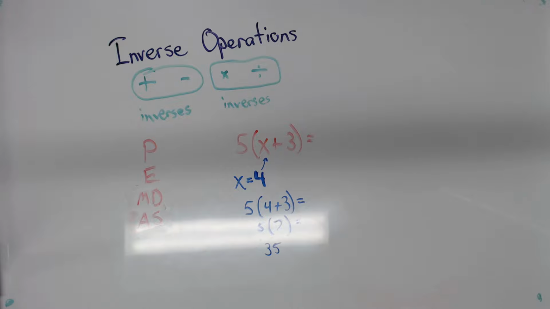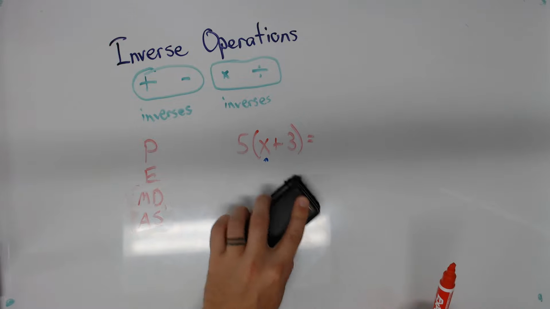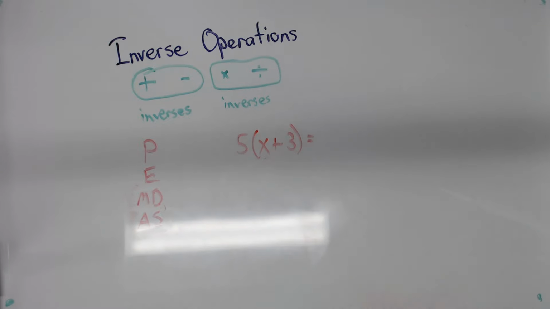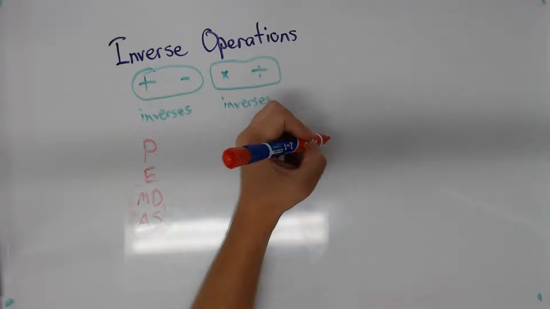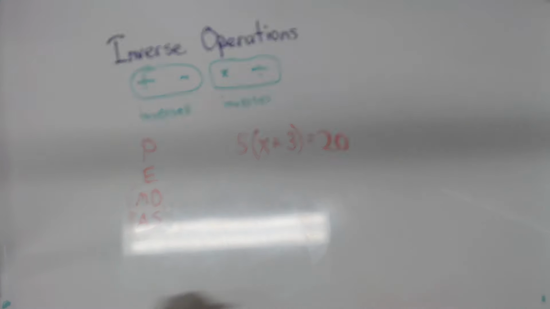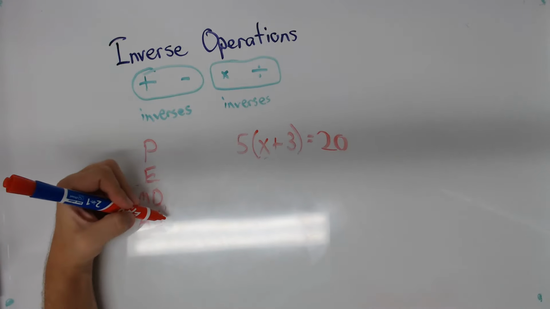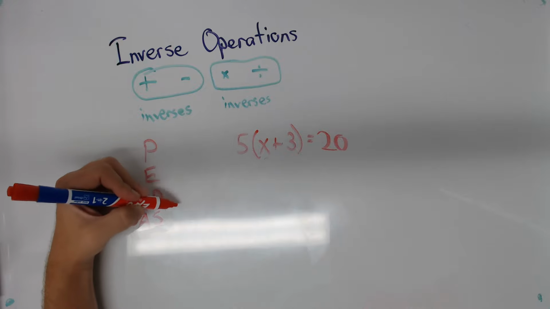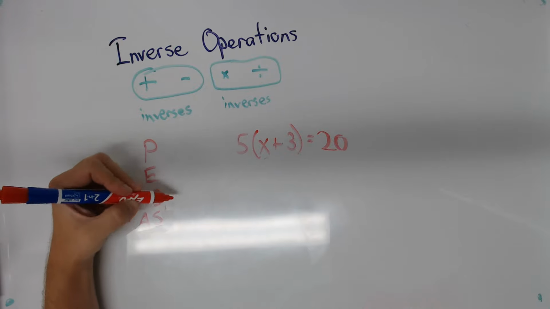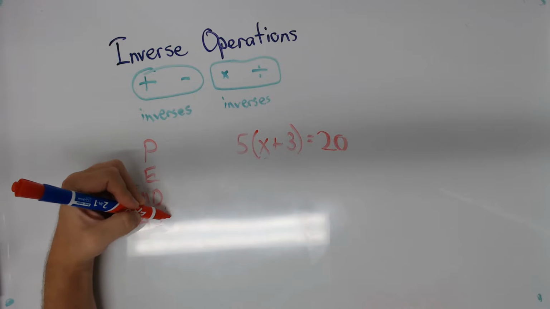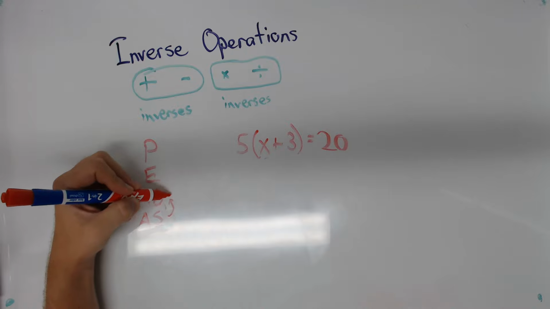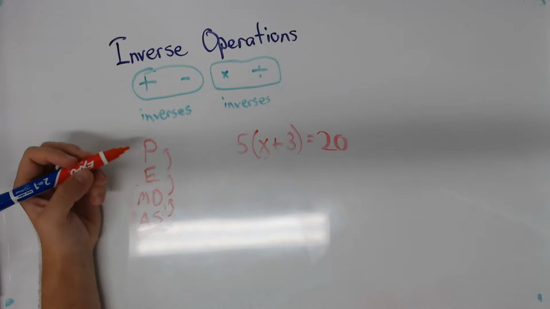When you plug a number in, following order of operations is what I want you to do. But for solving an equation backwards to figure out what a variable should equal, it's going to look a little different, almost like the opposite of this. We're going to work backwards.